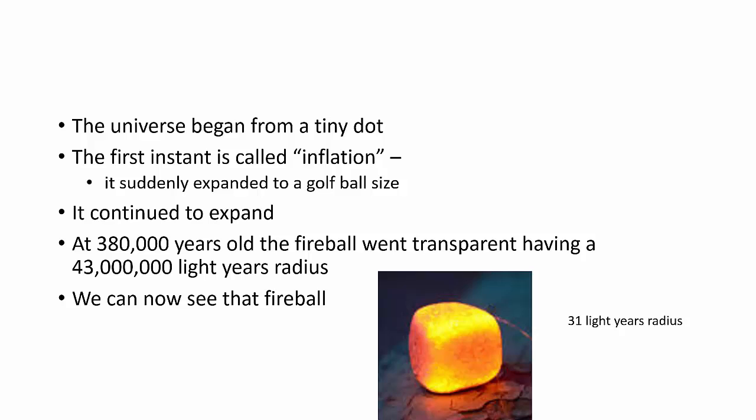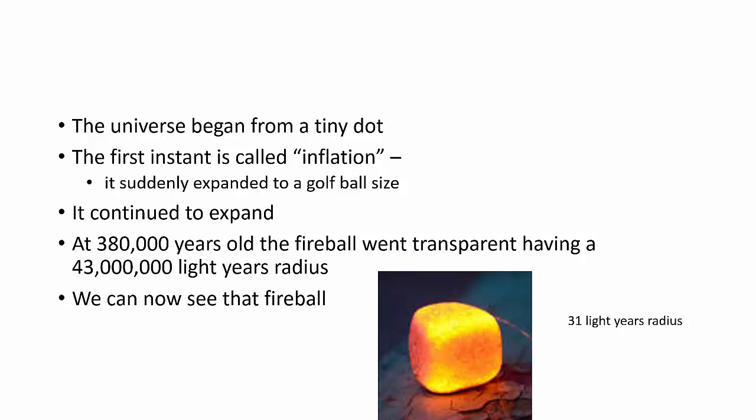And over the next 380,000 years, this fireball expanded until it became transparent. At this point in time, it had a radius of 43 million light years. Now, we can actually see that point in time where it went from solid to transparent.